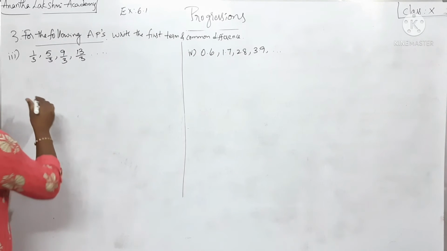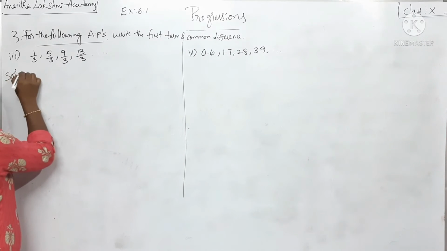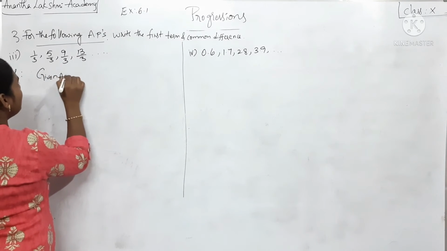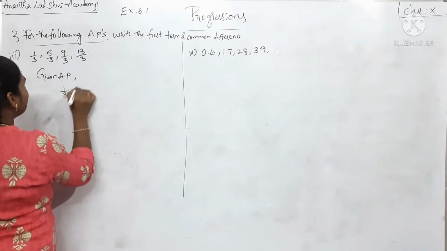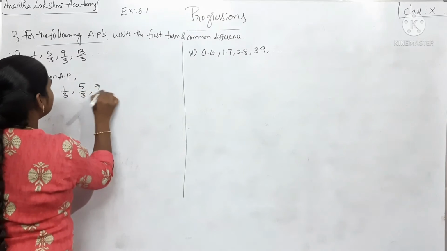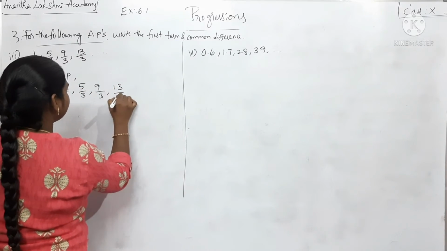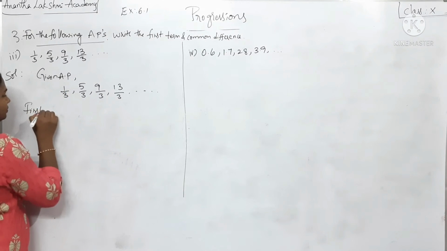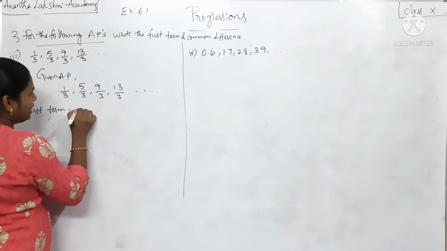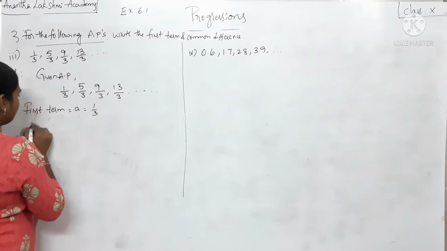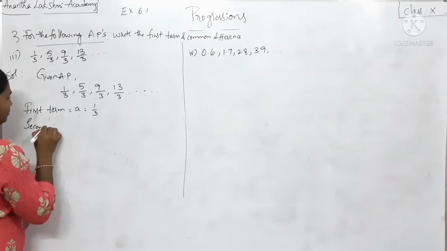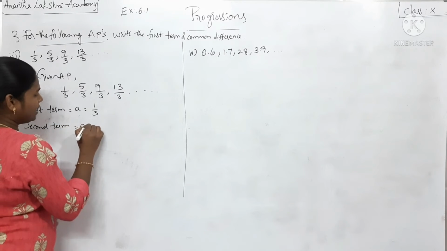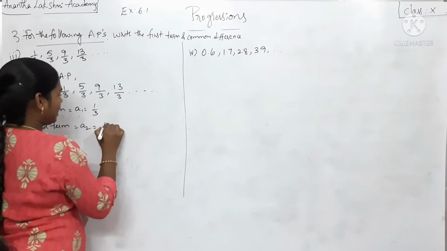Alright, so solution. Given AP 1 by 3, 5 by 3, 9 by 3, 13 by 3. So the first term A1 is equal to 1 by 3 and the second term A2 is equal to 5 by 3.